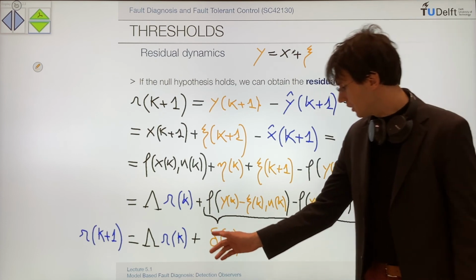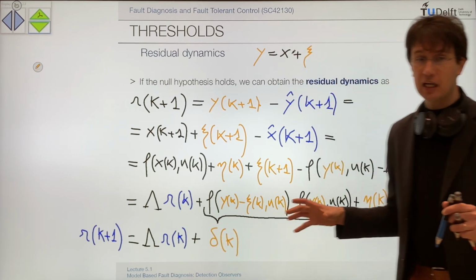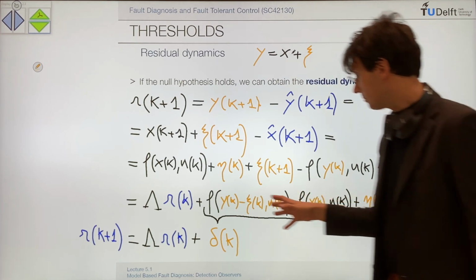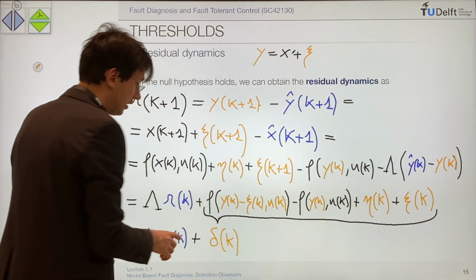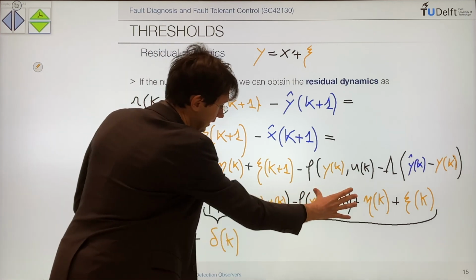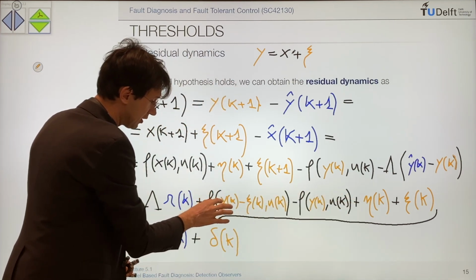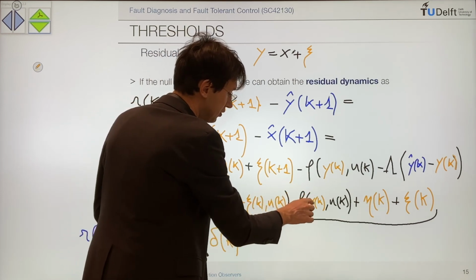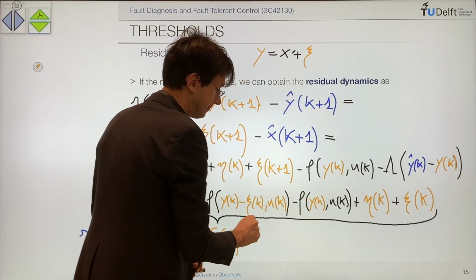And what is this actually? So this delta is a term accounting for all the uncertainties that we have here. So we have a lot of them. This first part is f computed using the true state minus f computed with what we know.